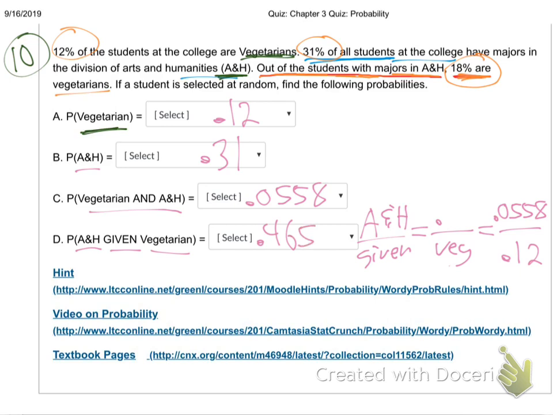Bless you. 0.465. So that last part was a little tricky. Is that good on that one? When you select the answer, yeah, they might have rounded something. They didn't specifically say how far to round, so just grab the one that's really close to that.